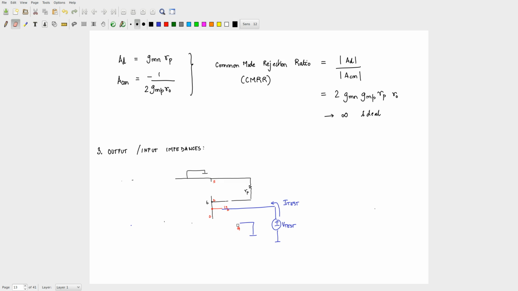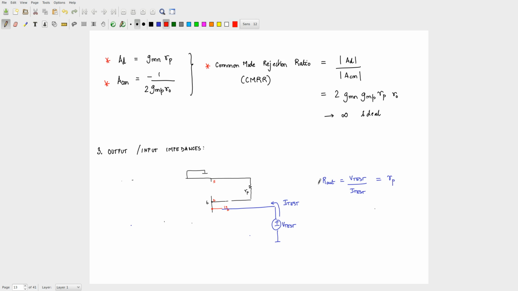So you essentially have the following circuit: V test, I test flows through this Rp and goes to ground. So what do you think your R out should be? Your R out is V test by I test, which is equal to Rp.